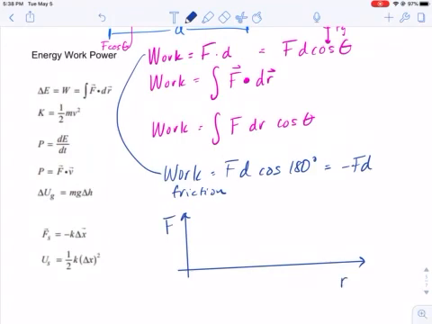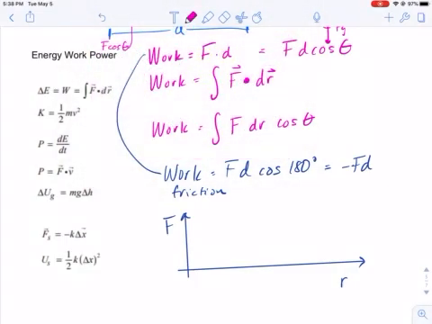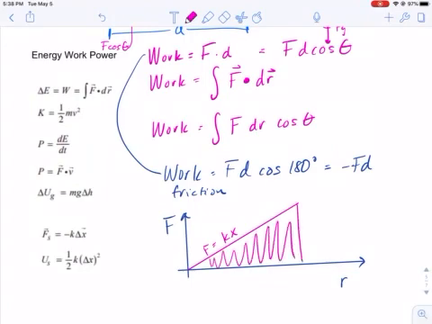So to get to this point here, I would go over x and I would go up kx, and the area of that triangle is 1/2 kx squared, and that is the energy stored in a spring. But we also know, now that we know our calculus so well, that the integral of kx is 1/2 kx squared. So check that out.